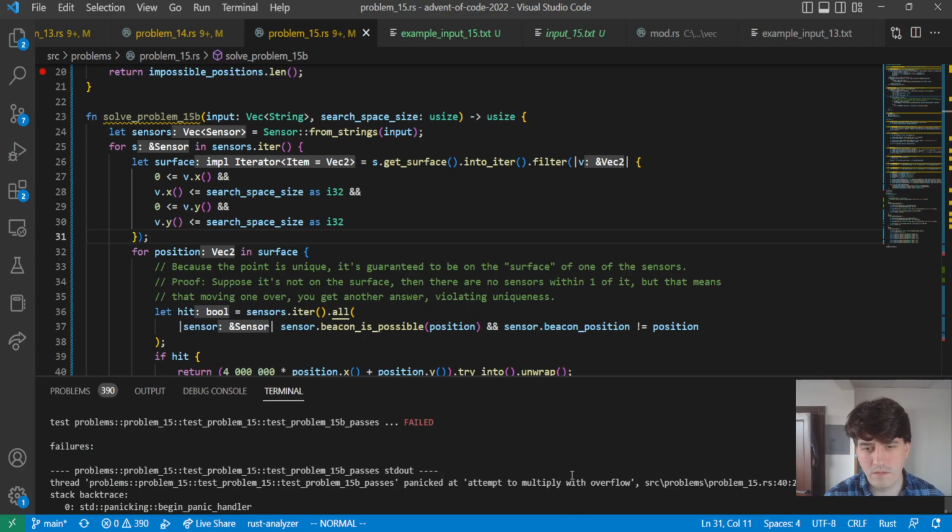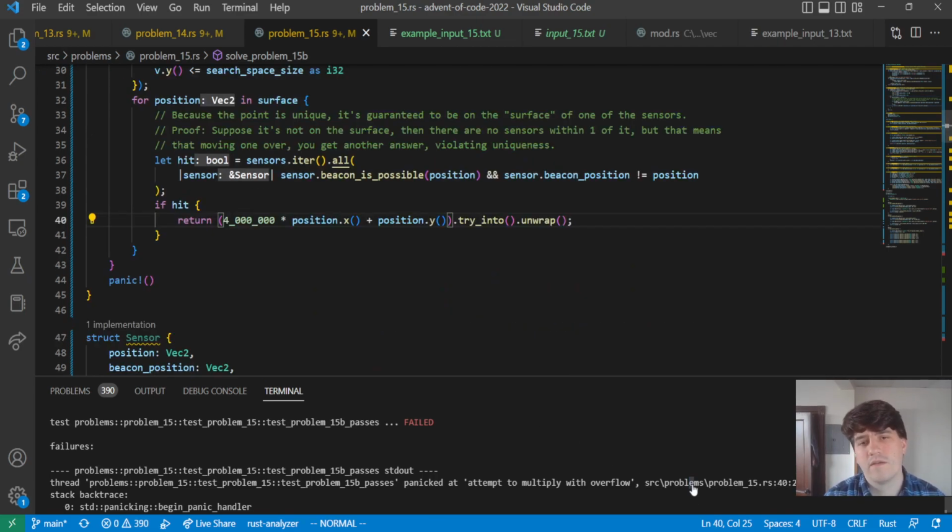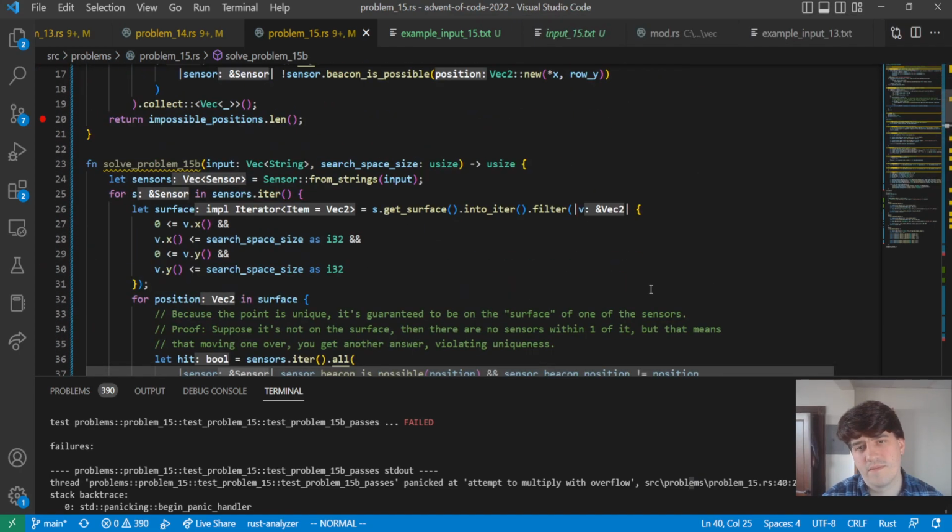And failed because it attempted to multiply with overflow. Really? So it got an answer, but then the answer was too big for a usize. Okay.